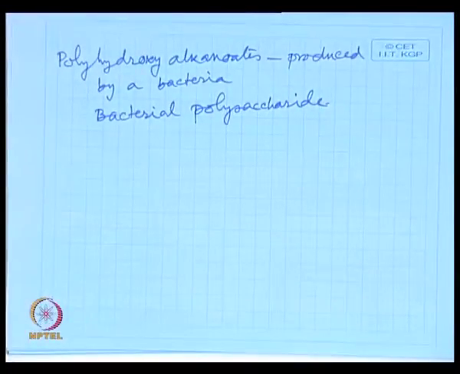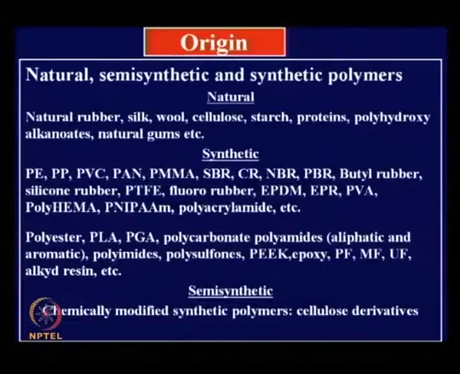This polymer finds extensive use today in the biomedical engineering field. This is a biodegradable bacterial polysaccharide, and so on. So you will find plenty of examples of naturally occurring polymers which are friendly to nature, degradable by natural organisms, bacteria, fungi, insects. That means these can behave as food for those microorganisms. So, they are degradable.